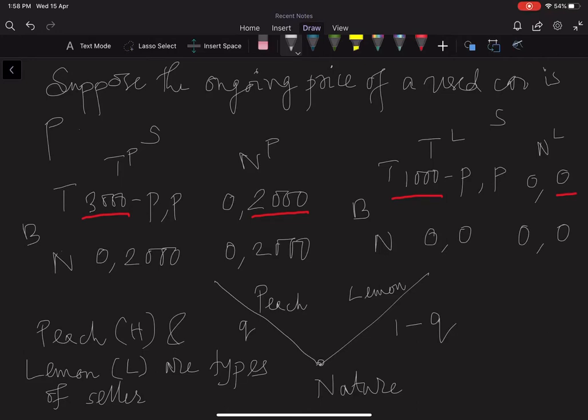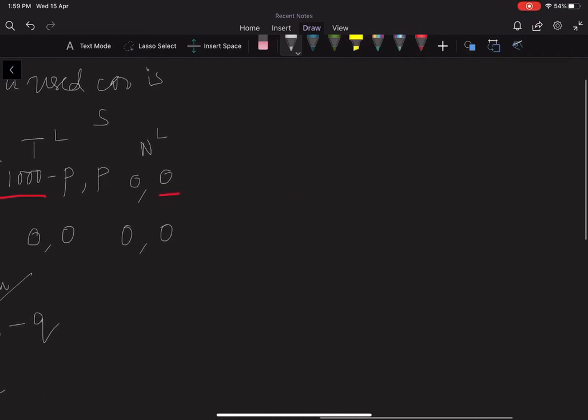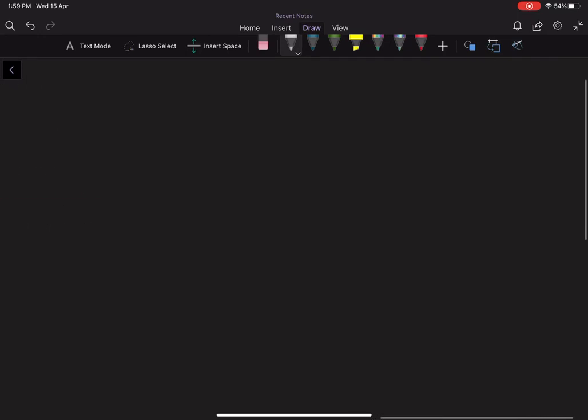Now initially, since the buyer doesn't know anything about the quality, the buyer believes that the seller has a quality peach car with probability q, and a lemon car with probability 1 minus q. However, in equilibrium, the buyer can use the seller's strategy to update the belief. So suppose we want to understand, is there a strategy where only lemon is traded?